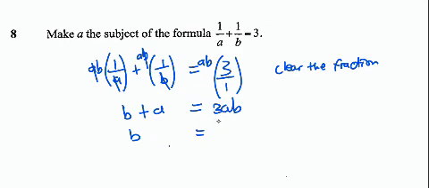We are putting everything with a on one side because we want to make a the subject. So it's 3ab. Let's move a to the other side. That's minus a. We can factor out a here. a is common here and here. We are going to get a times (3b minus 1) is equal to b.